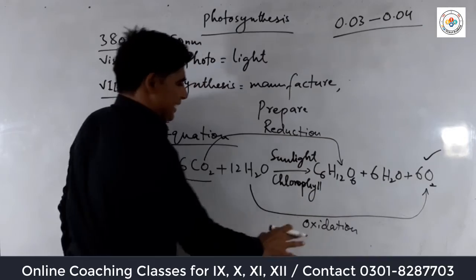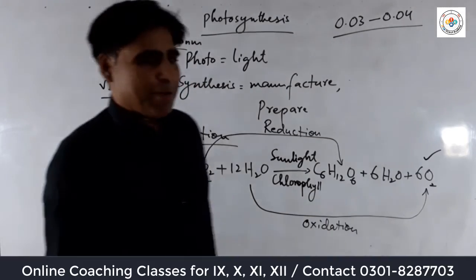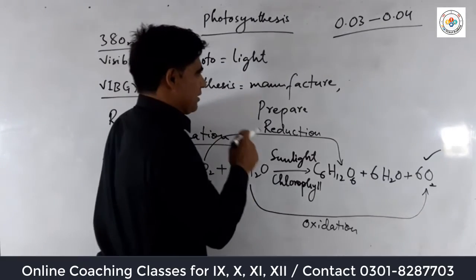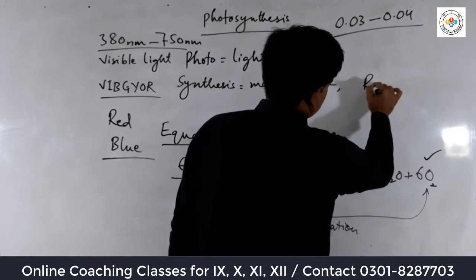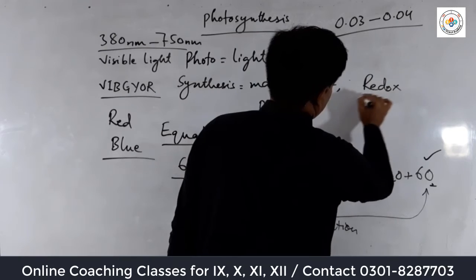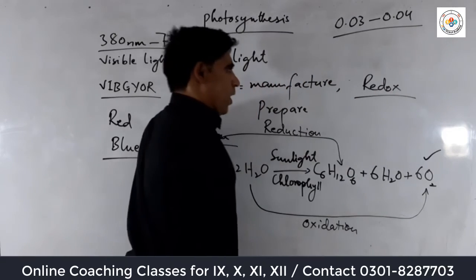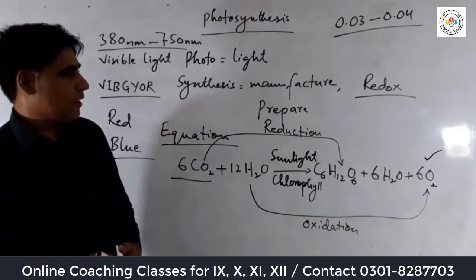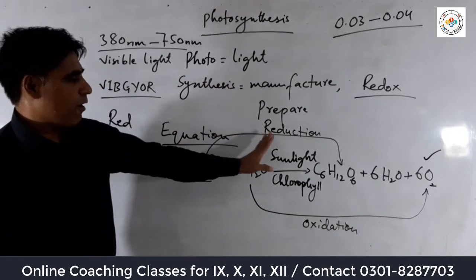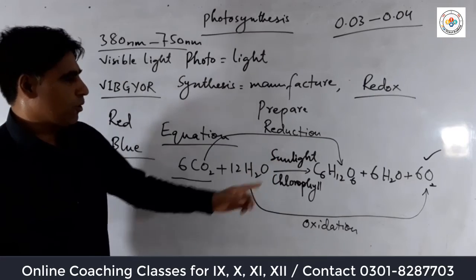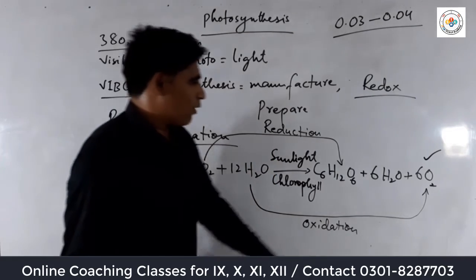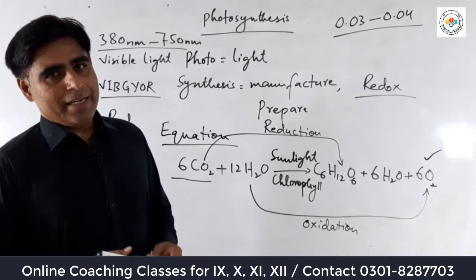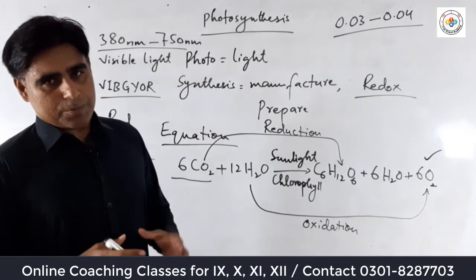When reduction and oxidation simultaneously occur, then the process is termed as a redox process. Redox means reduction and oxidation. Photosynthesis is a redox process in which reduction of carbon dioxide into glucose and oxidation of water into oxygen molecules occurs. That's why it is termed as a redox process.